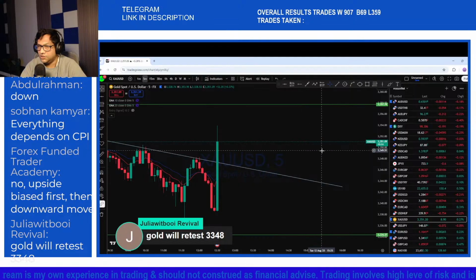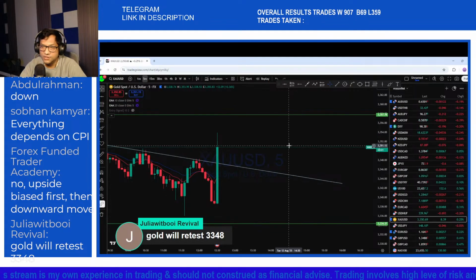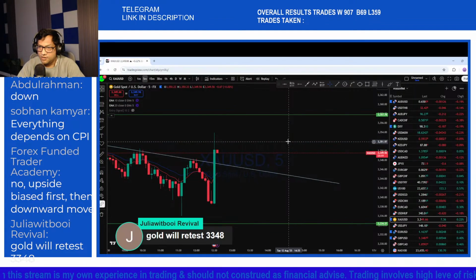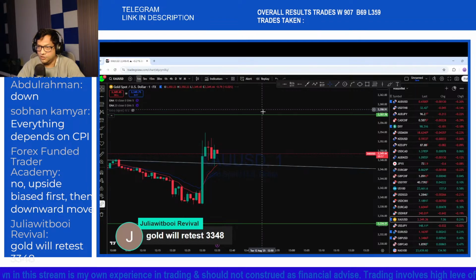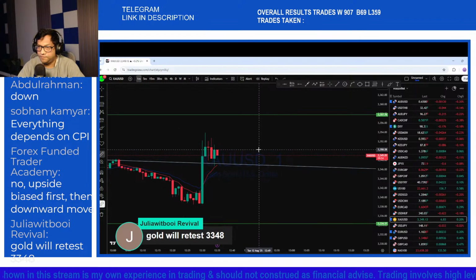There's a 5 minute candle closing in a few seconds. We would like to see how the market is evolving in this area.